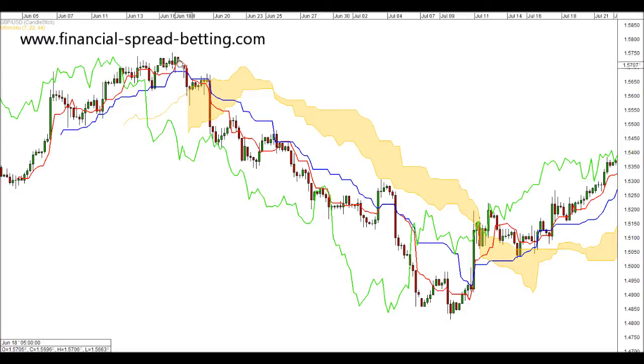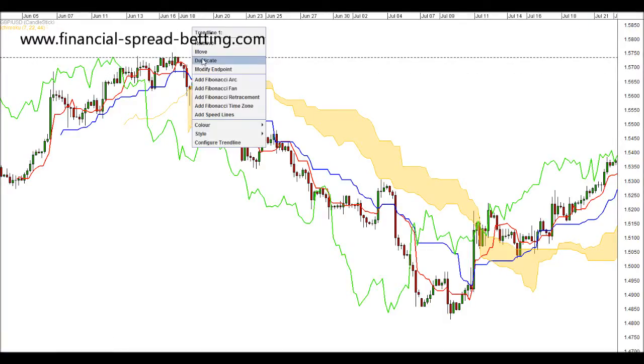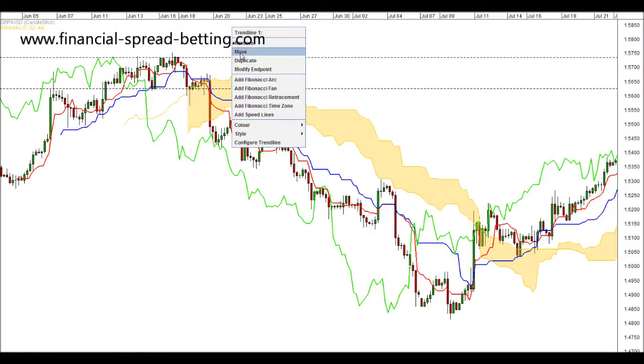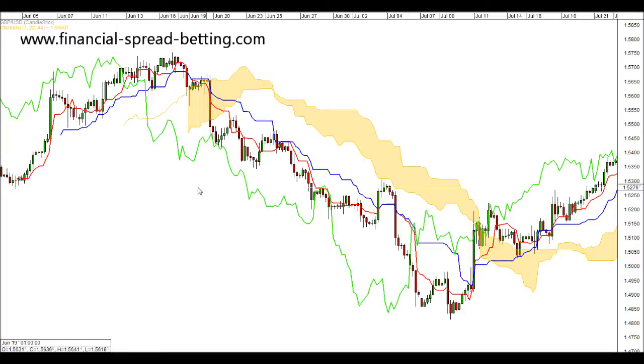So if we look at this area here, this is the highest high, this would have been the lowest low in the previous candles, and we can see the Kijun or standard or baseline is in the center. It's averaged.